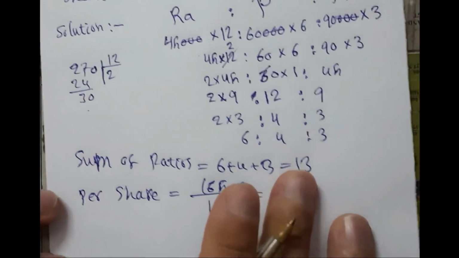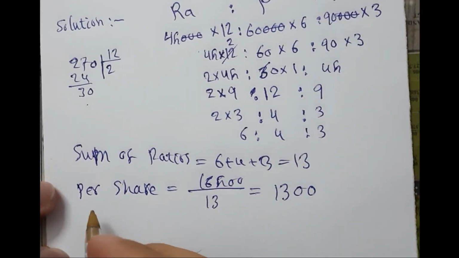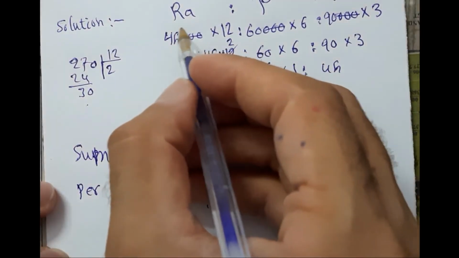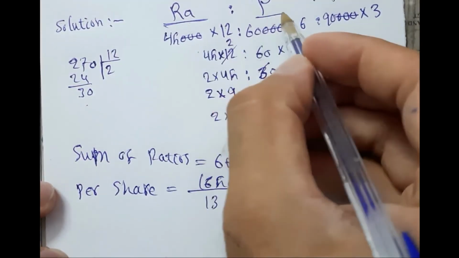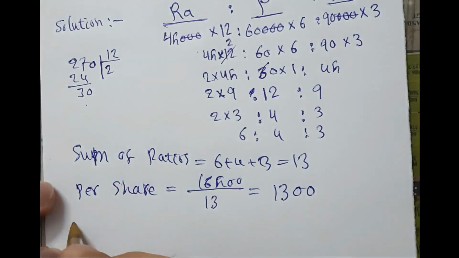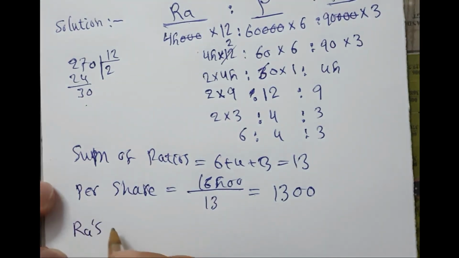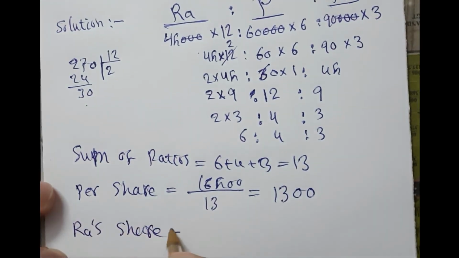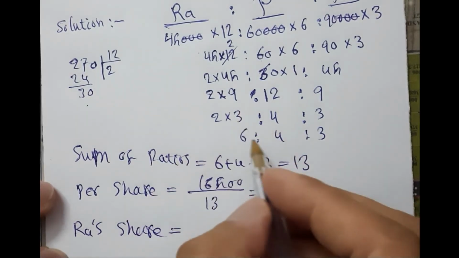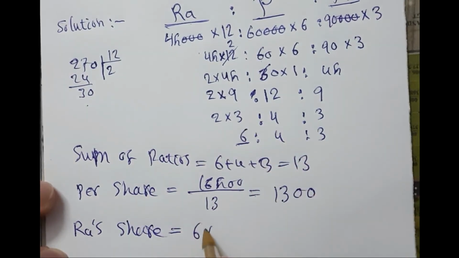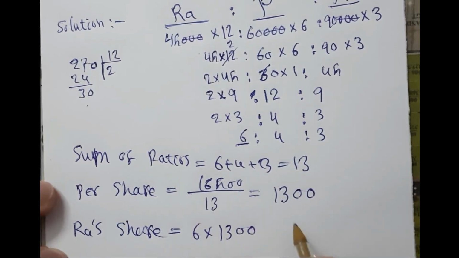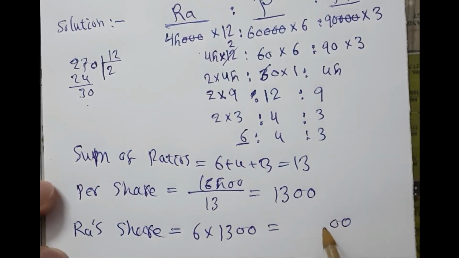Now we want to find each share. Raju's share is 6 multiplied by 1,300, which is equal to 7,800.